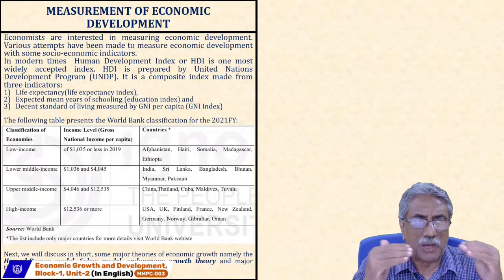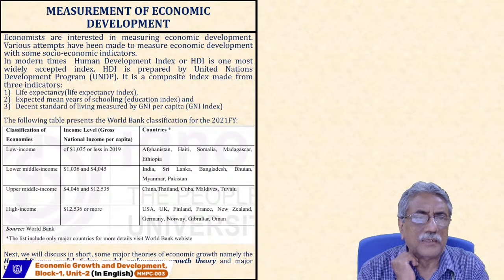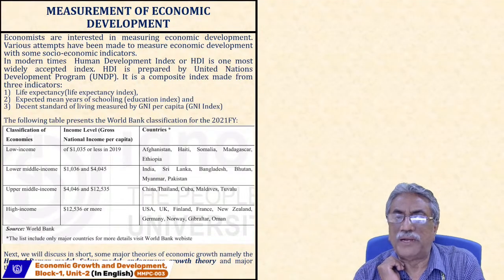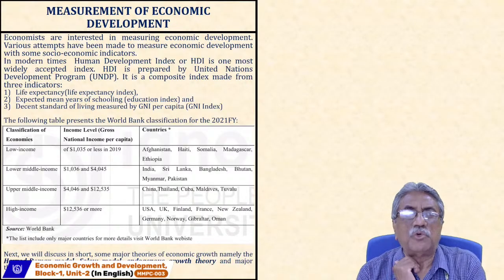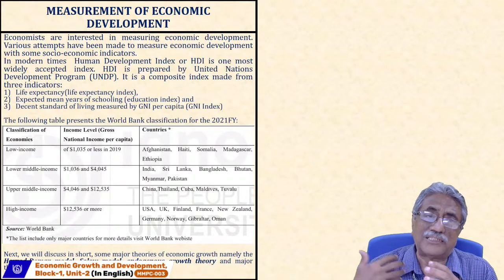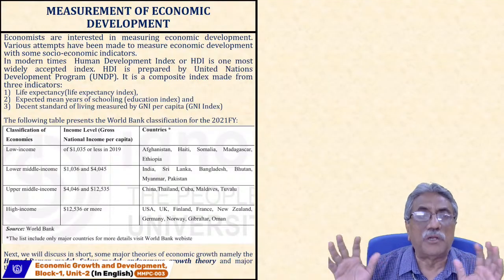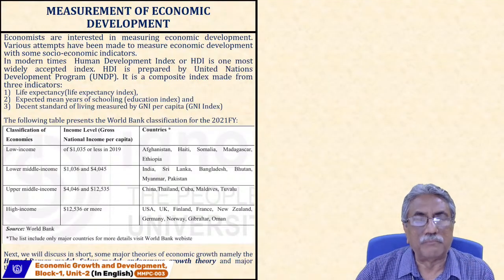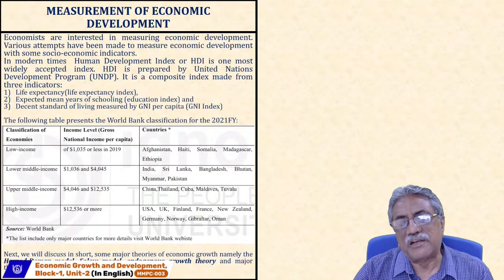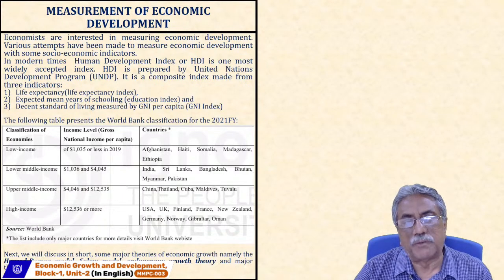Then I would say that yes, we have grown or we are growing like that. So in modern times, Human Development Index or HDI is one of the most widely accepted index, which can say where we stand on economic development. HDI is prepared by United Nations Development Program. It is an index created by United Nations Development Program.